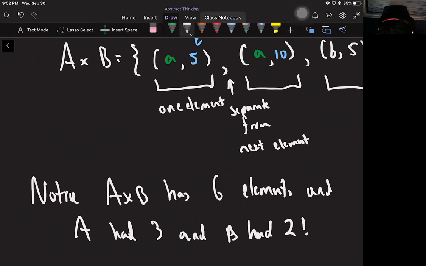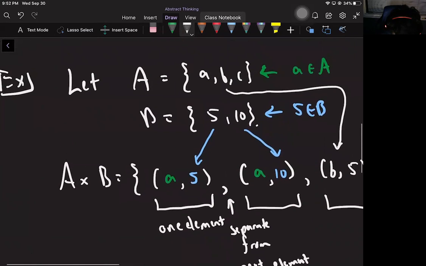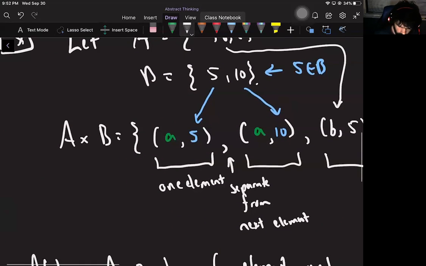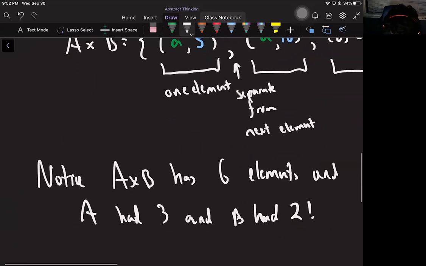That's interesting. 3 times 2 is 6. So that's one way in which this product is related to the product of numbers. If you take the number of elements in those two sets you're producting, then the number of elements in the product will be the multiplication of those two numbers. Okay.